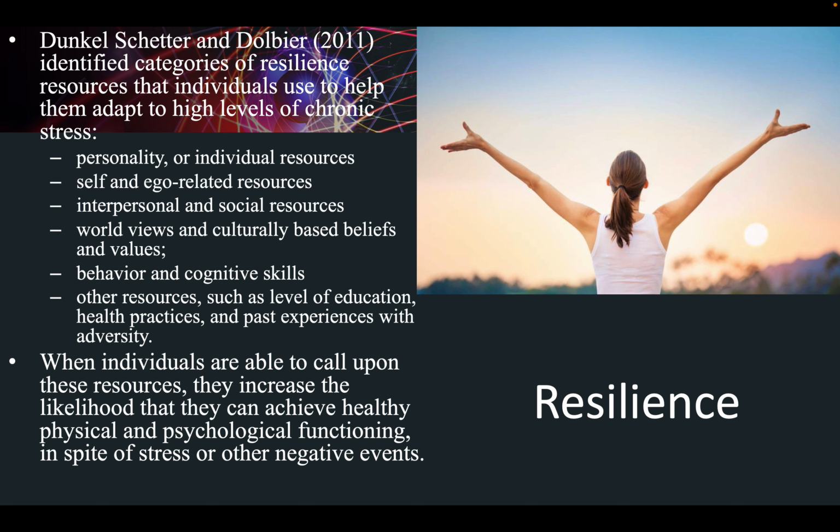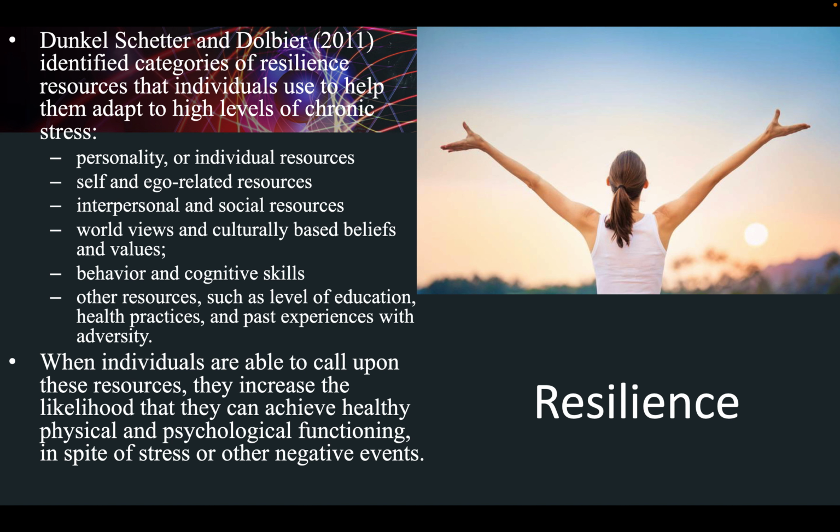Dunkel Schetter and Dolbier identified categories of resilience, resources that individuals use to help them adapt to high levels of chronic stress: personality or individual resources, self and ego-related resources, interpersonal and social resources, worldviews and culturally based beliefs and values, behavior and cognitive skills, and other resources such as level of education, health practices, and past experiences with adversity.